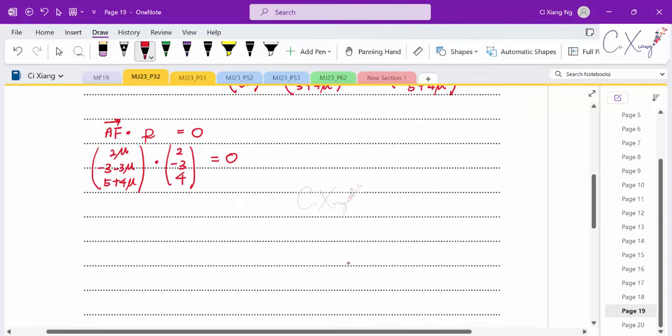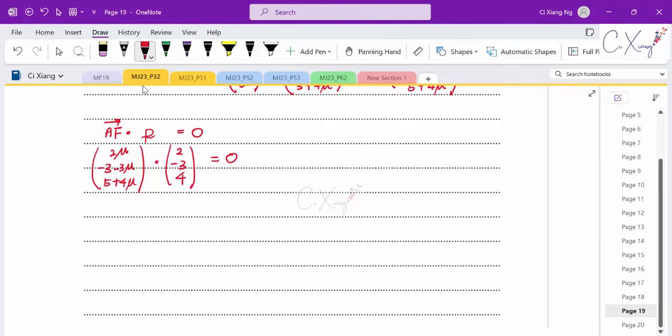Okay, now only I start the dot product between these two vectors. So x multiply with x, so 2 mu multiply with 2, you get 4 mu. Then plus, you're having -3 multiply with -3, -3 mu. Then plus, you're having 4 multiply with the 5 plus 4 mu. That means x multiply with x, y multiply with y, and also z multiply with z.